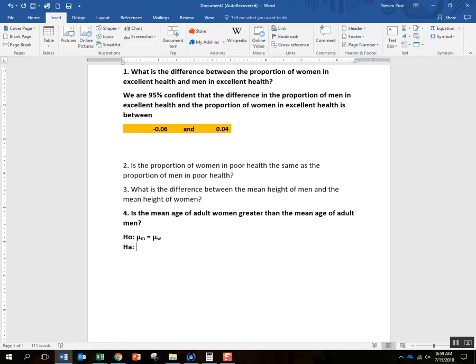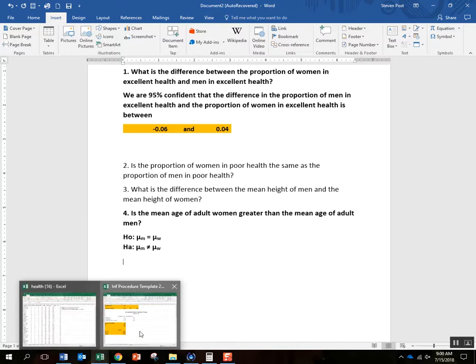The alternative would be that those two are not the same. Let's change that to not equal. It's not equal here because the question didn't ask anything about greater than or less than. Okay, and then how do we use our template to get the p-value?